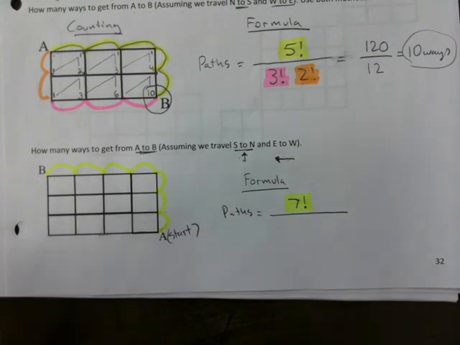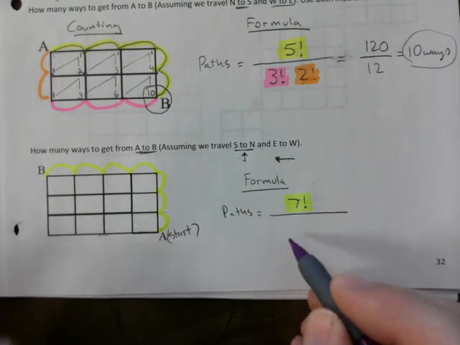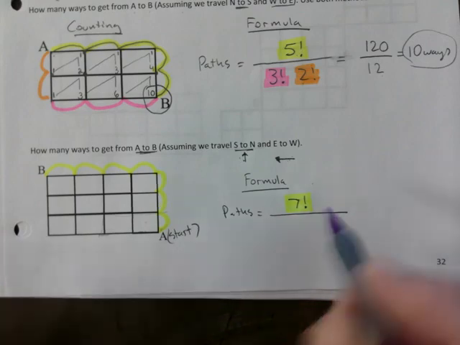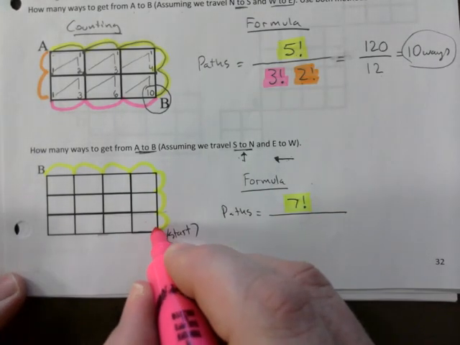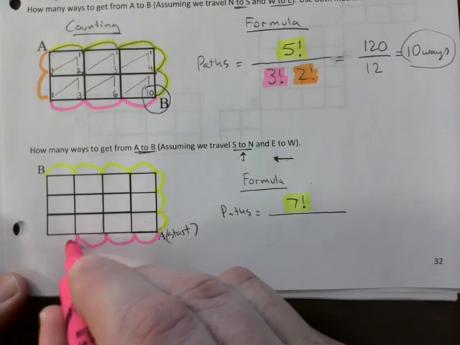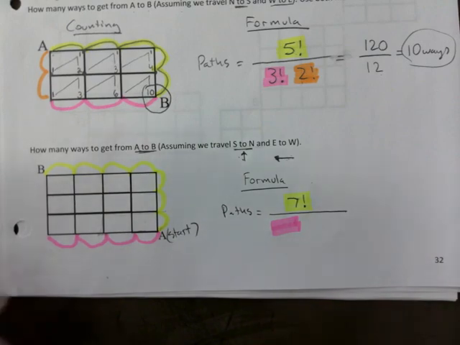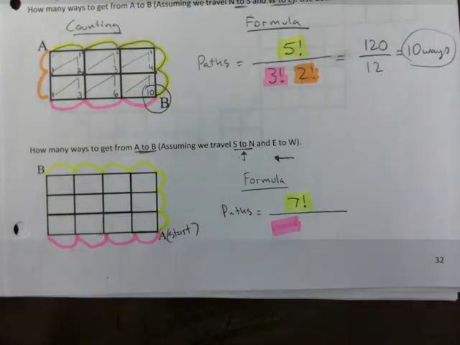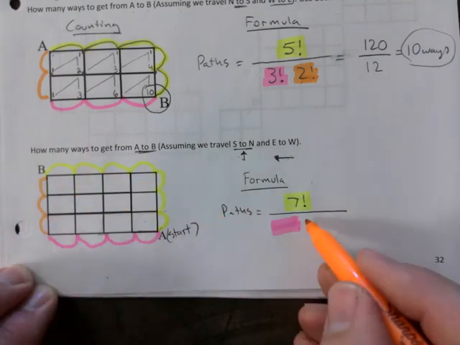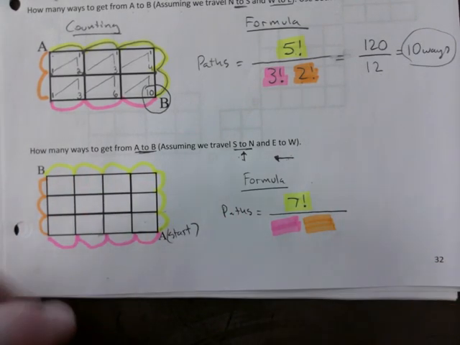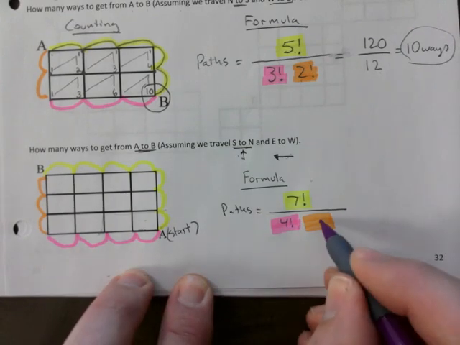That's the total number of steps taken. Now I need to get my horizontal and my vertical. It doesn't really matter which order you do them in, okay? But horizontal is 1, 2, 3, 4. So I'm going to put a number down here. And vertical, I have 3. 1, 2, 3. That'll go here. So we've got 4 factorial, 3 factorial.